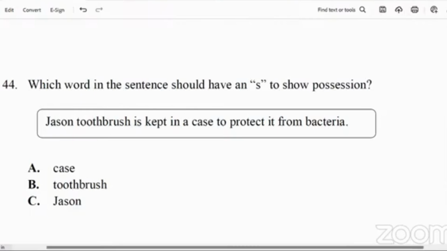So the S on the word Jason would tell us that he actually owns or possesses the toothbrush. It belongs to him. So the word that should have the S to show possession would be Jason. Jason's toothbrush.